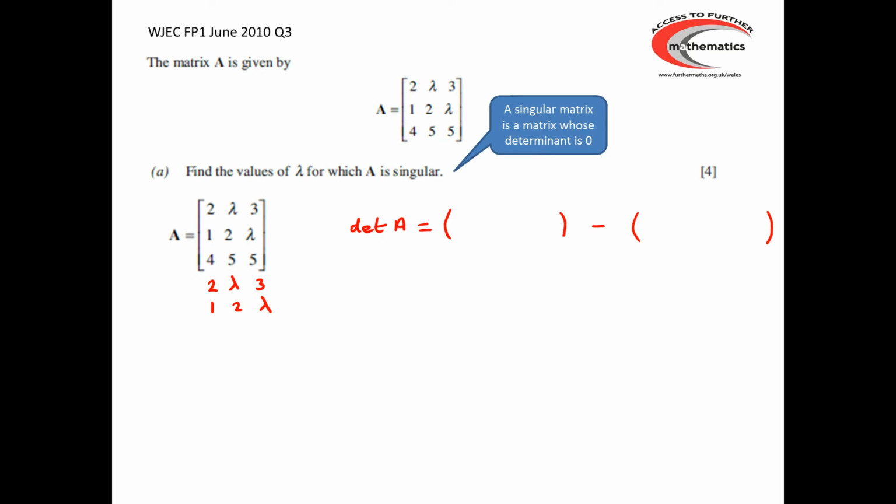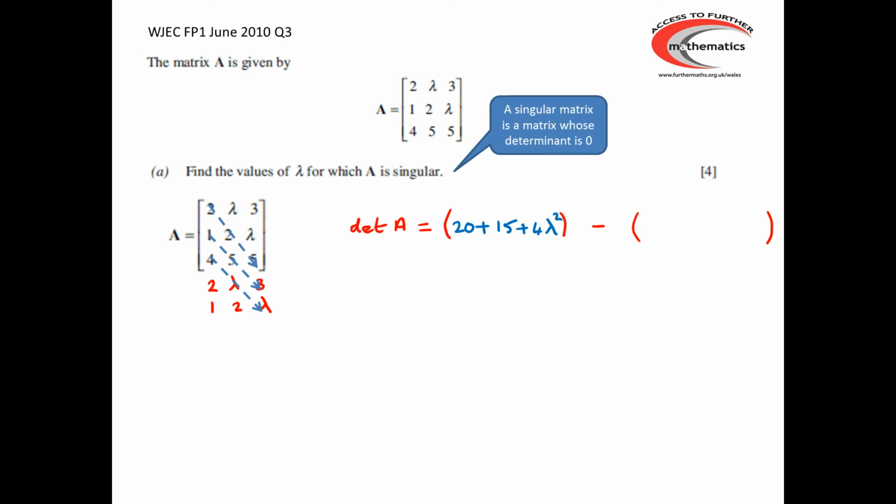So the first diagonal down there is 2 times 2 times 5, which is 20. The second diagonal is 1 times 5 times 3, which is 15. And the third diagonal is 4 times lambda squared, which is 4 lambda squared.